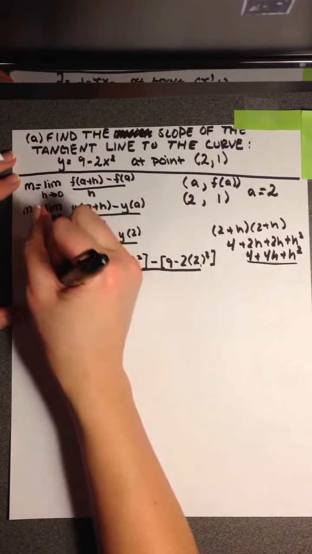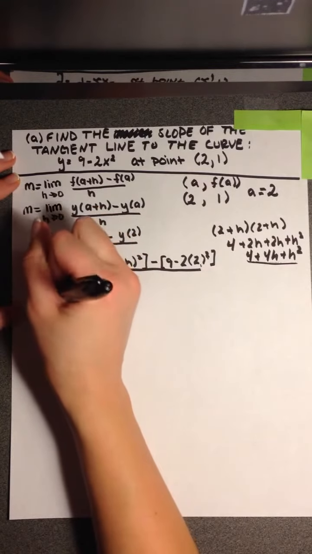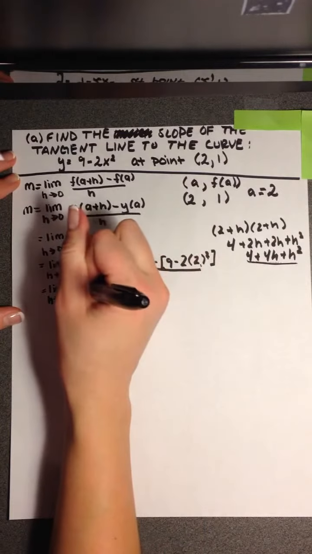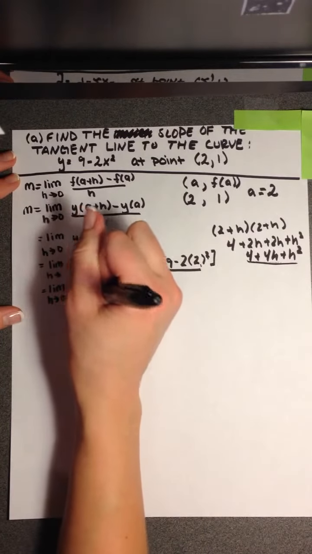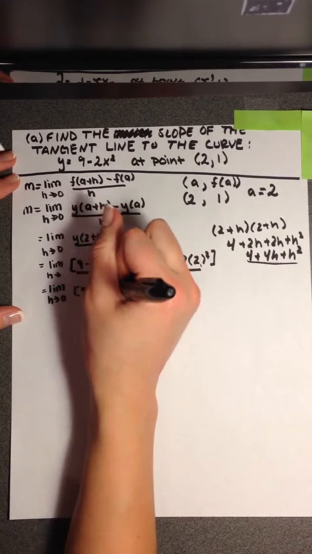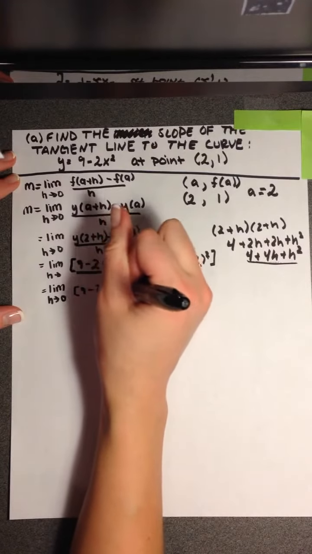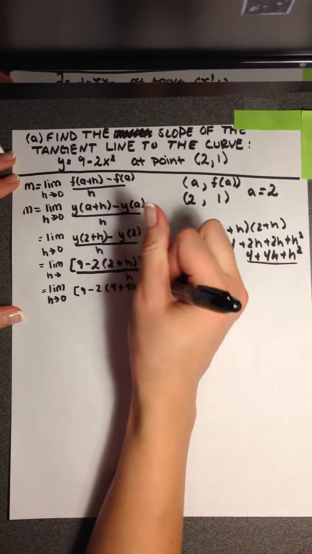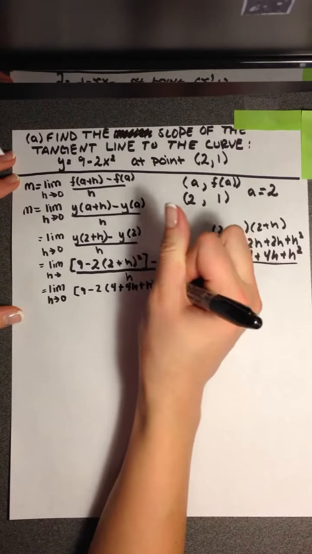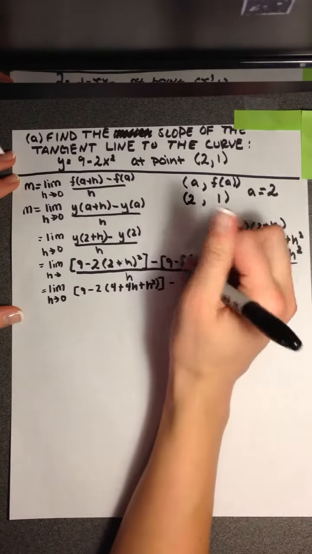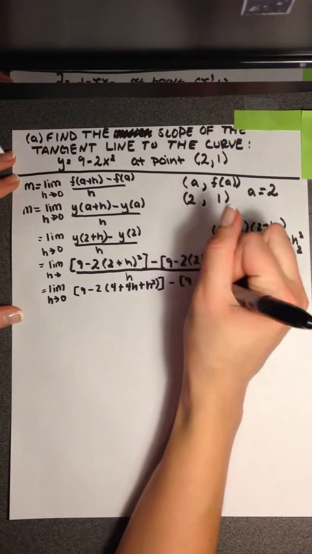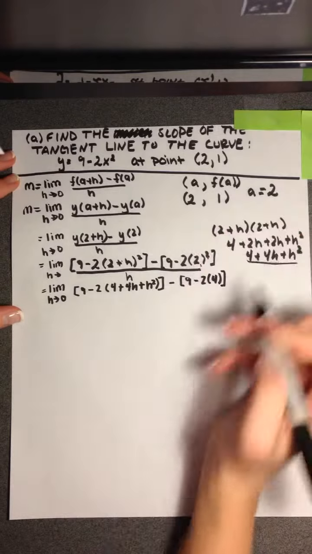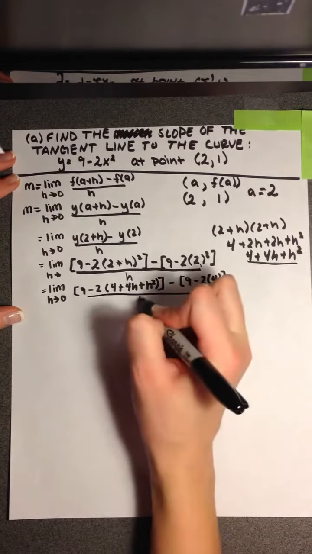So we have the limit as h approaches 0 of 9 minus 2 times 4 plus 4h plus h squared, minus 9 minus 2 times 4, because that's 2 squared, and then again, all over h.